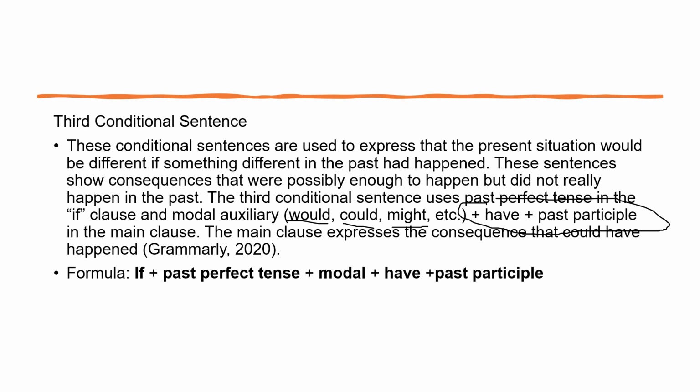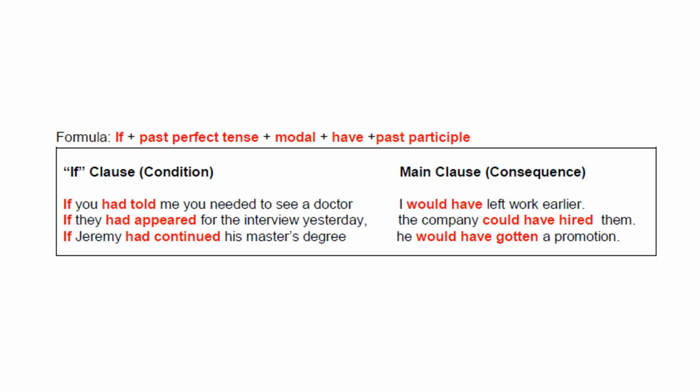So the main clause expresses the consequence that would happen. So if we go on to the formula: if plus past perfect tense plus modal, which are the following here, plus have plus past participle.